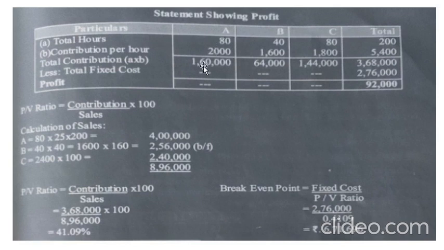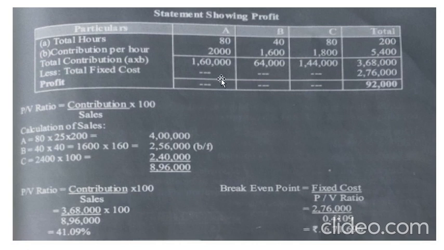So 80 into 2000 will give you 1,60,000 for A. For B, 40 into 1600 will give you 64,000. And for C, 80 into 1800 will give you 1,44,000. So now the total will be 3,68,000. You add up 1,60,000 plus 64,000 plus 1,44,000 to get 3,68,000.